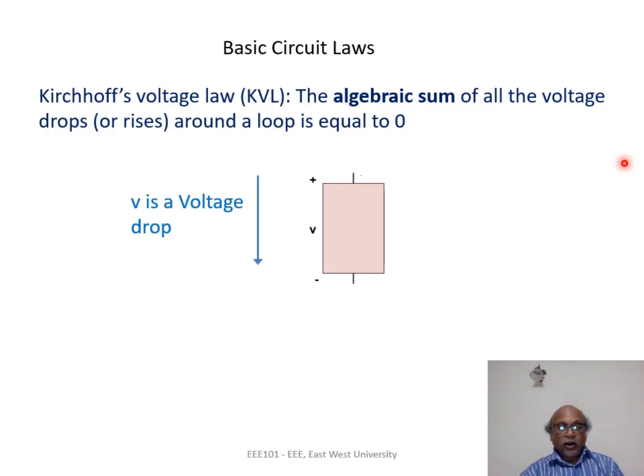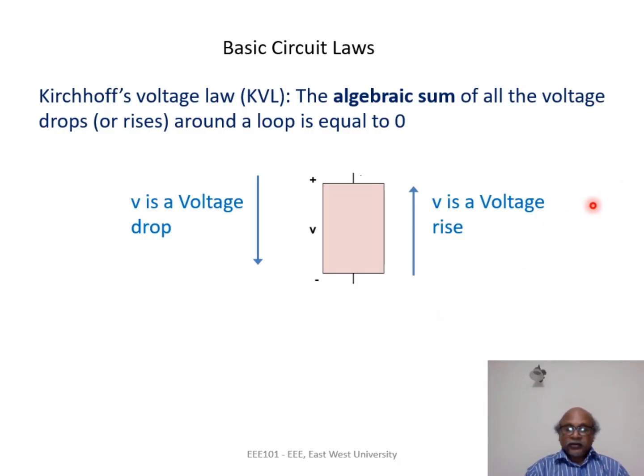So going downward, when we go from plus to minus, this is called a voltage drop. In the downward direction, V is a voltage drop. And in the upward direction, V is a voltage rise. The two are opposite: if one is positive, the other is negative.